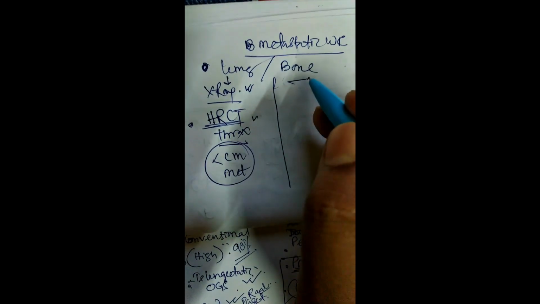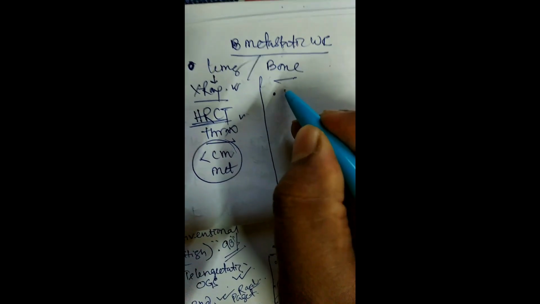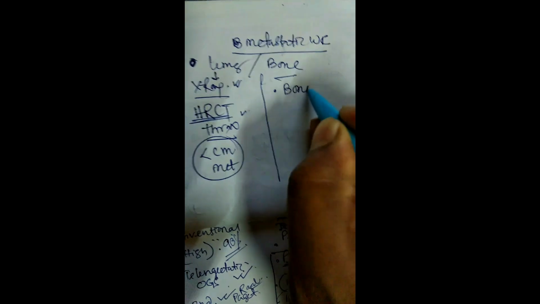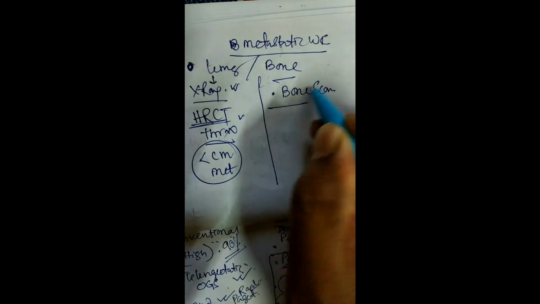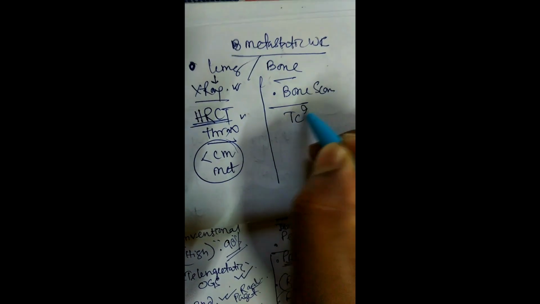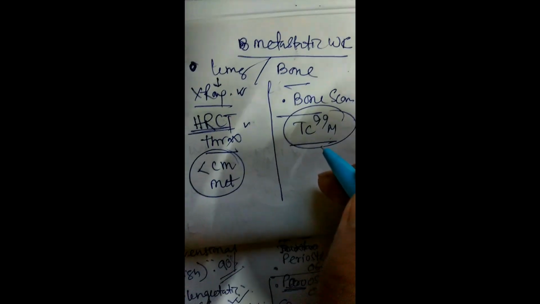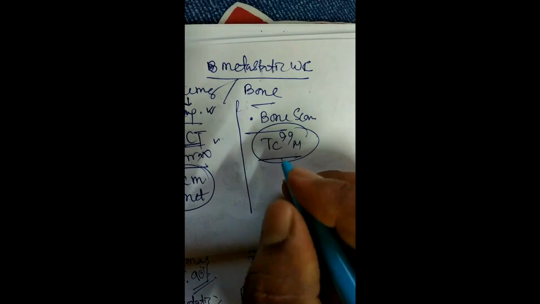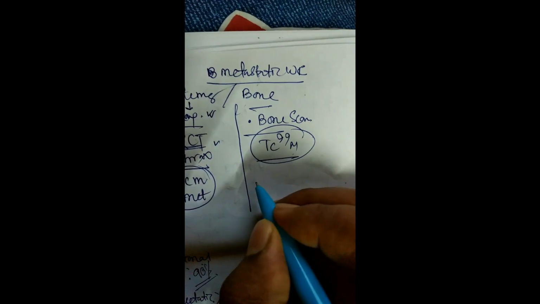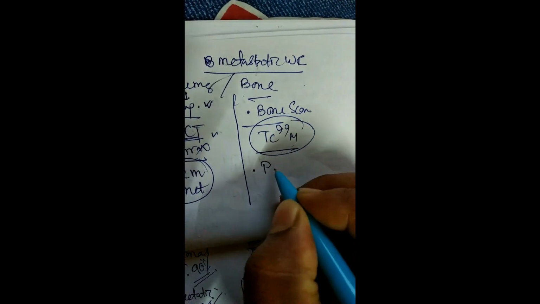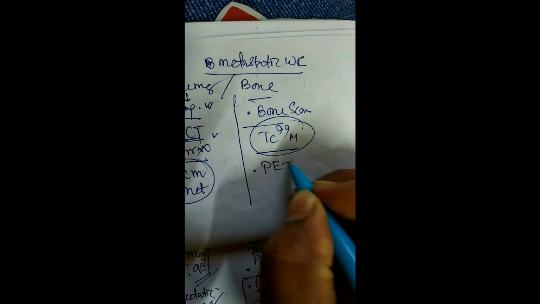Now for bone metastasis we have to do a bone scan. In case of a child, a bone scan with technetium-99m isotope is used. But a bone scan is highly toxic in renal deficient patients or in a very young age group. So we can use a newer technique called PET scan.